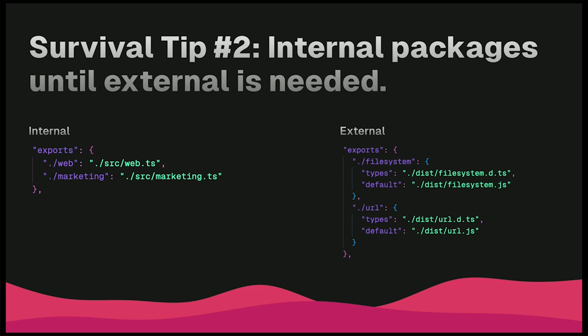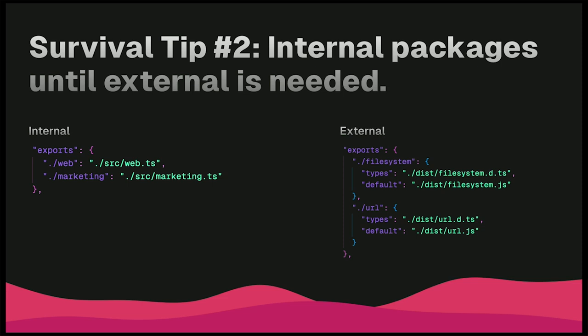So literally in the exports we just put our TypeScript source code, which works if the way that you're consuming them can do transpiling. Next.js, for example, does that. And external ones are the typical ones that you might know, which is to build the TypeScript code into JavaScript, create the declaration files, and then you can list that in the exports.